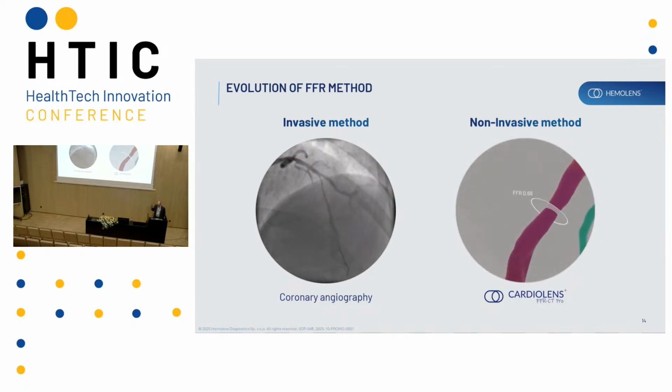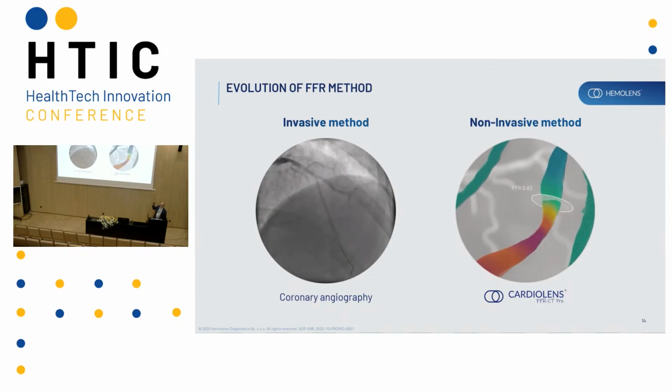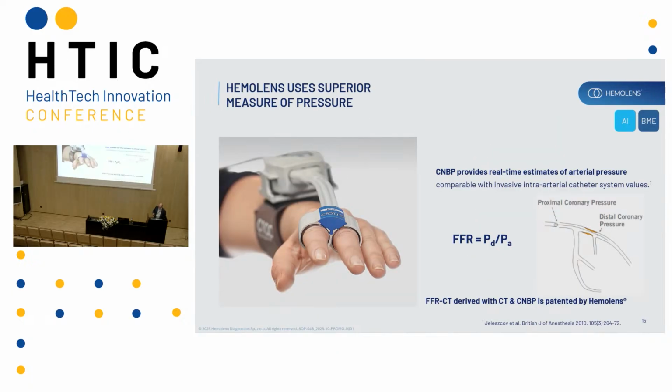And that's the FFR, the ratio between the distal pressure and proximal pressure. And if it drops below 0.8, then the patient is qualified for angioplasty or for a next, invasive treatment.